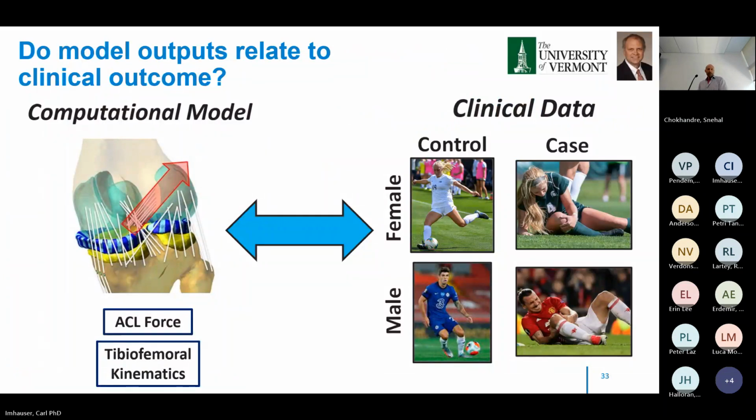So we have definitely gone more towards a top-down approach, where we have an outcome, and a computational model can give us mechanical estimates of a given quantity, and we need to apply that to clinical data. The next step is understanding, for example, males, females, injured, uninjured soccer players, let's say.